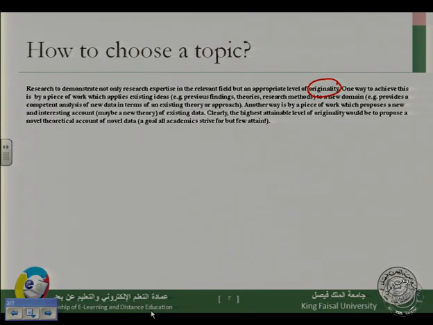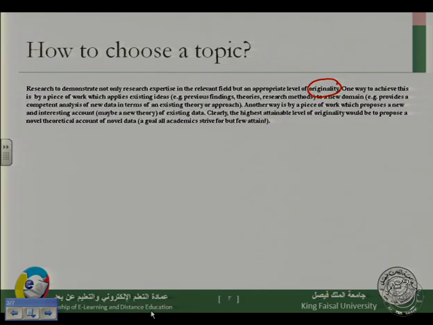Other people researched, for example, English language teachers in a certain way, but you are going to research it in a different way. They use, for example, questionnaires, interviews, but no, you are going to use, for example, observations. You are going to find new ways to research that. This is originality. It does not mean that you are going to choose something very, very different from others.